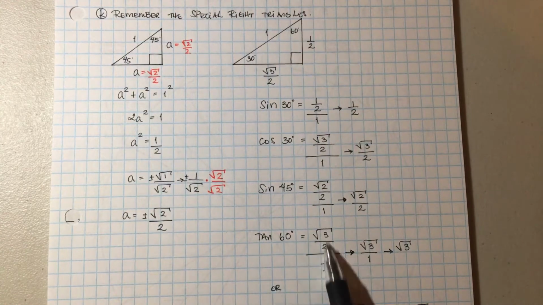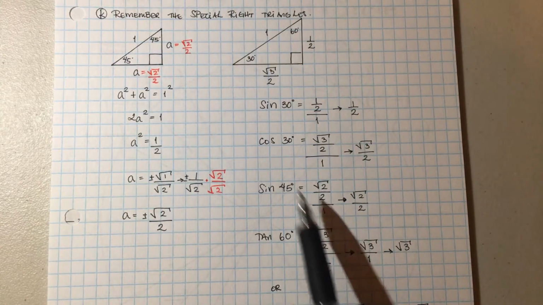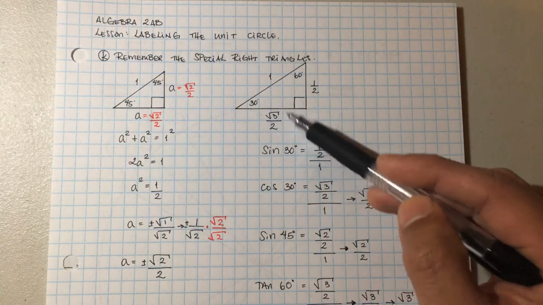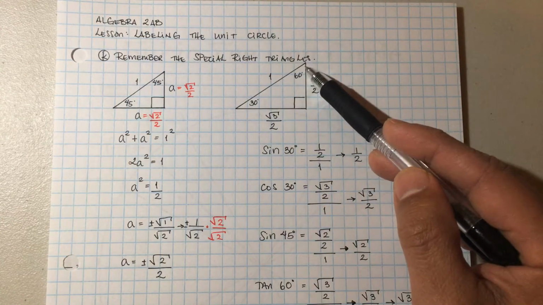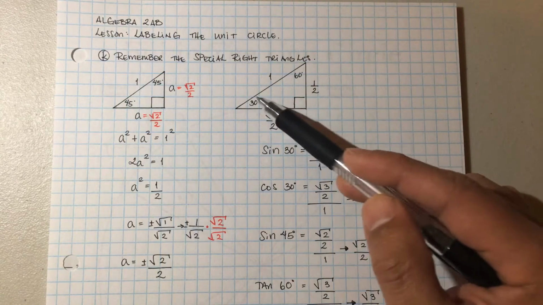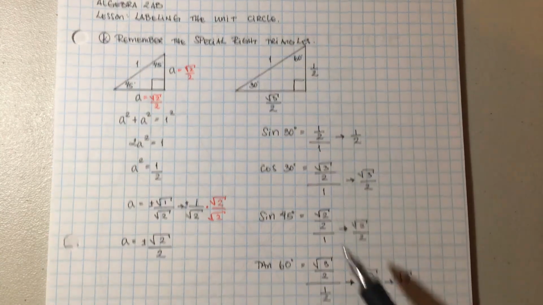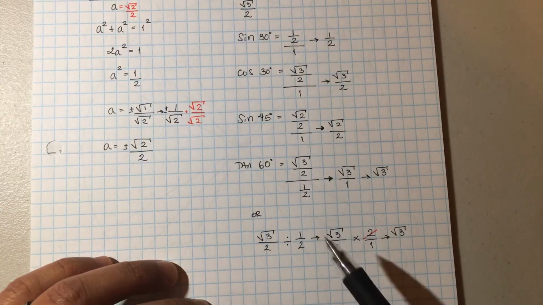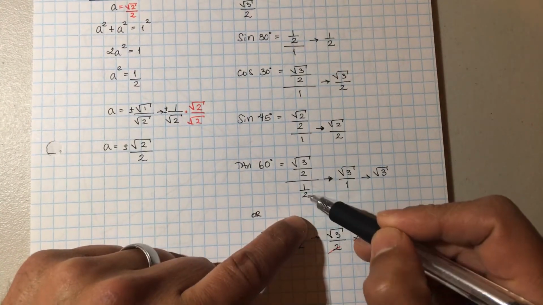What about tangent of 60? Here's 60 degrees, so tangent is opposite over adjacent. The side opposite 60 is radical 3 over 2. Adjacent is 1/2. So we have radical 3 over 2 divided by 1/2. You notice how they both have a 2 on the bottom?